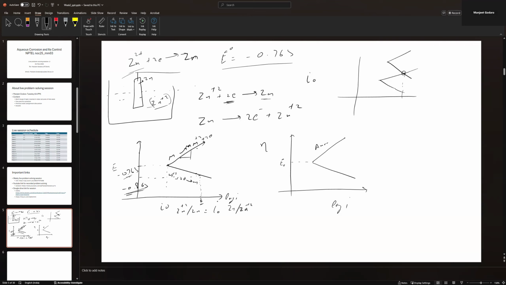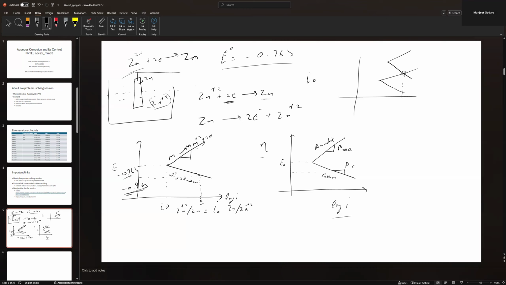This is the anodic and cathodic. The slope of the anodic branch is beta A, the Tafel slope, and for the cathodic branch you have beta C. So these are the Tafel slopes, and the relation between the overpotential and the current density is given by the Tafel equation.